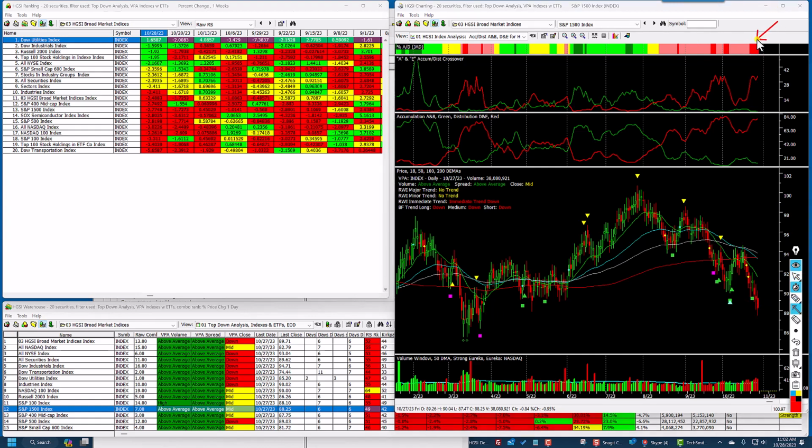I'm sorry, E distribution. Market is totally oversold. Here are the A's. Now here are the A's and B's and the D's and E's combined into a single line. The labels are over here. So the D and E's are continuing to go down.